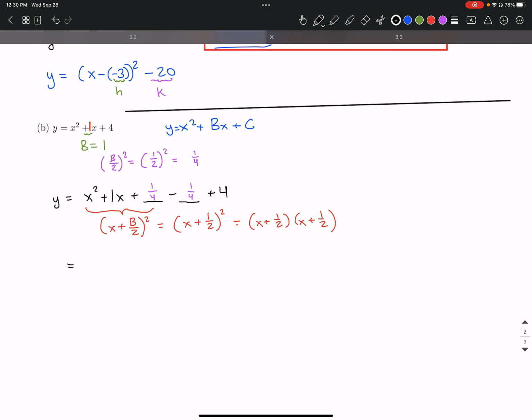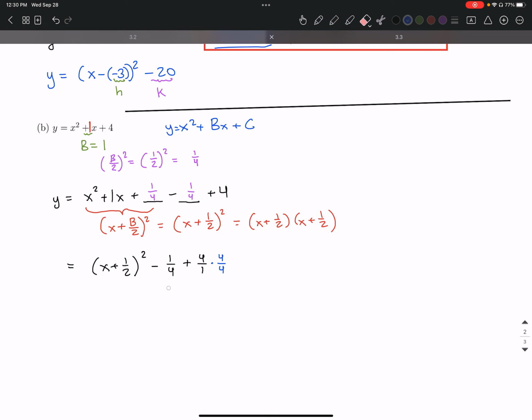Hence, this is going to become (x plus 1/2) squared, and then on the end, we have the minus 1/4 plus 4. I can think of 4 as 4 over 1, and then to add these two fractions together, I'll need a common denominator. The smallest number 4 and 1 both go into evenly is 4, so that common denominator is going to have to be 4.